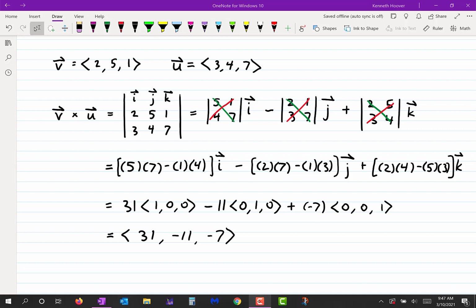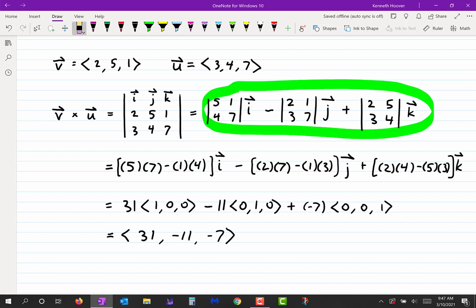Well, a couple things. Number one, if you forget the formula for cross product, the formula that was in the lecture yesterday, it's very easy to forget that. If you forget that, then what are you going to do? Well, it's a bit easier to remember this pattern.